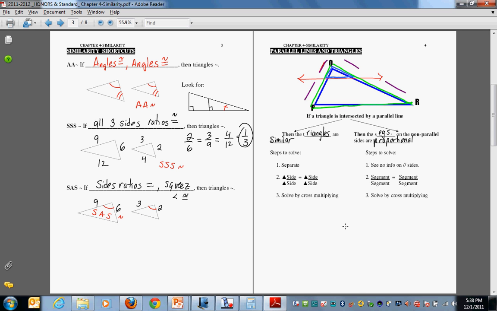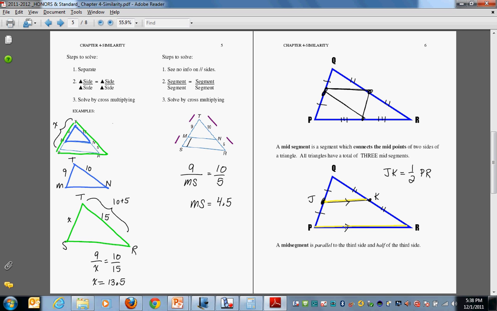There are 3 similarity shortcuts: angle-angle similarity, side-side-side similarity, and side-angle-side. Triangles with parallel lines also create similarity and proportions. Mid-segments.